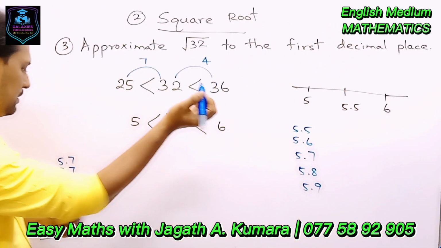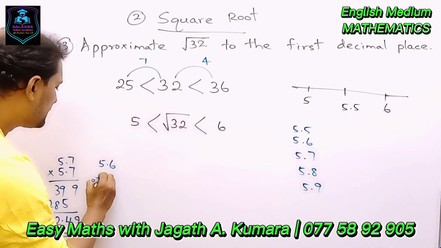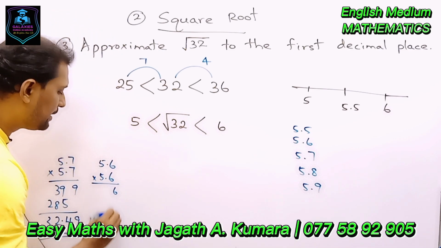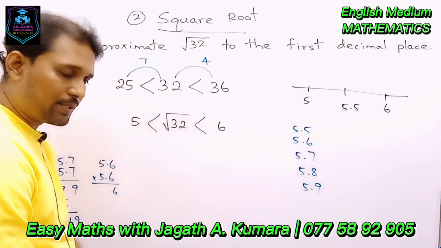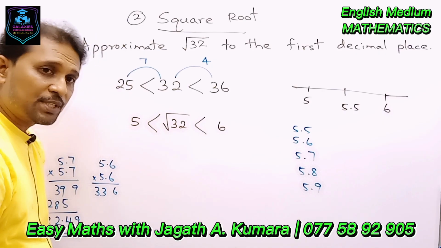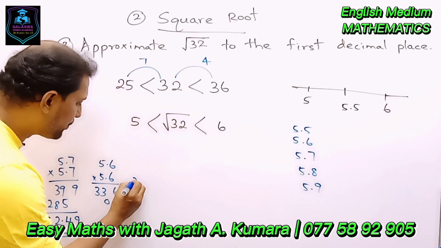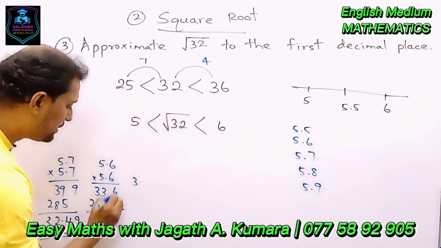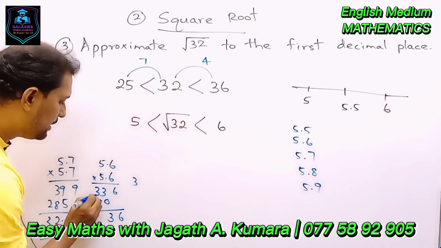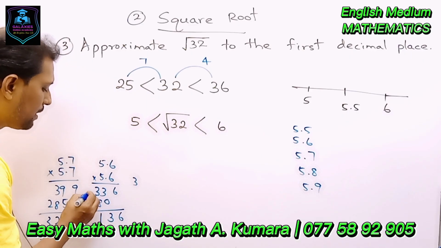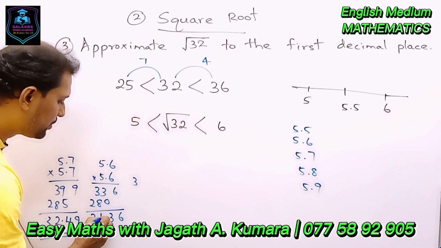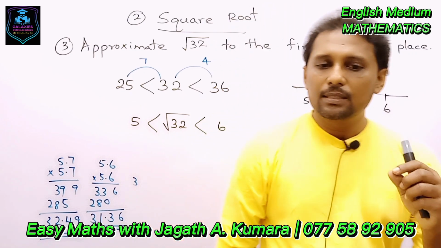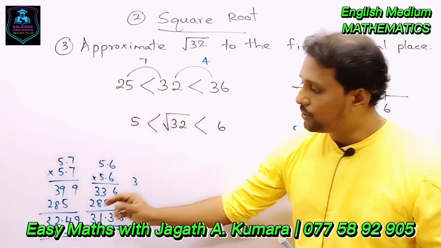Then I will check the square of 5.6. 6 times 6, 36, remaining 3. 6 times 5, 30. 30 plus 3, 33. 5 times 6, 30, 0 remaining 3. 5 times 5, 25. 25 plus 3, 28. 6, 3. 3 plus 8, 11, remaining 1. 1 plus 2, 3. Also, two decimal places you have to keep. Then I got the answer 31.36. Earlier I got 32.49.